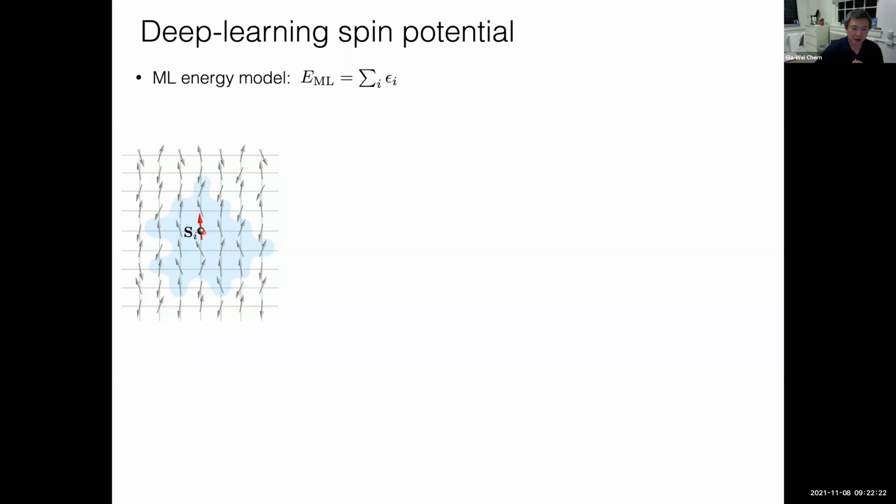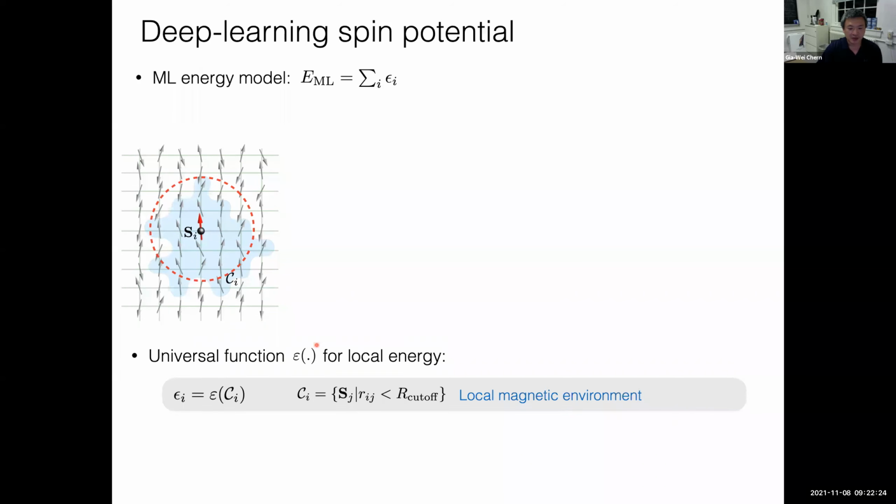According to this principle of locality, we assume that the local energy epsilon i depends only on the neighborhood Ci. Neighborhood magnetic configuration means all the spins within some cutoff from the center spin Si. So this we call the local magnetic environment.